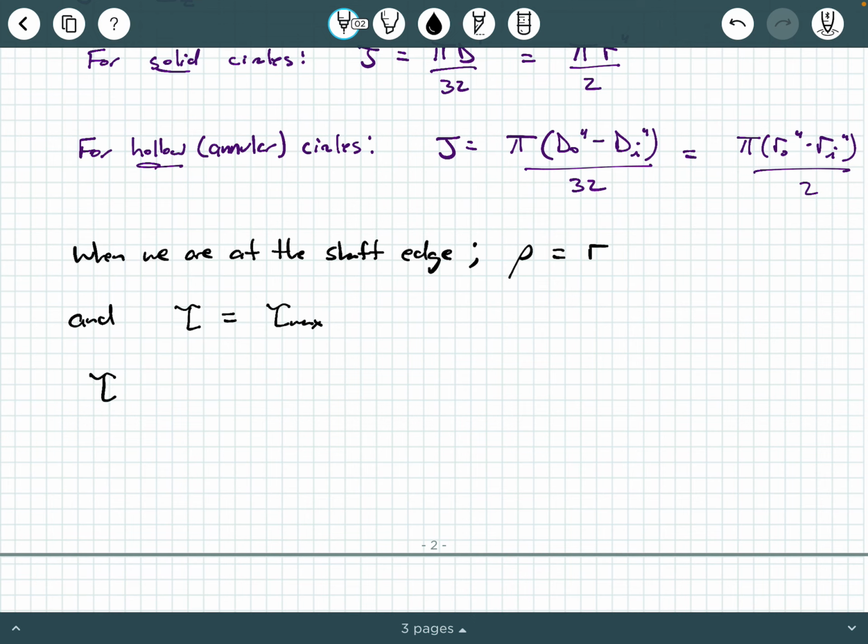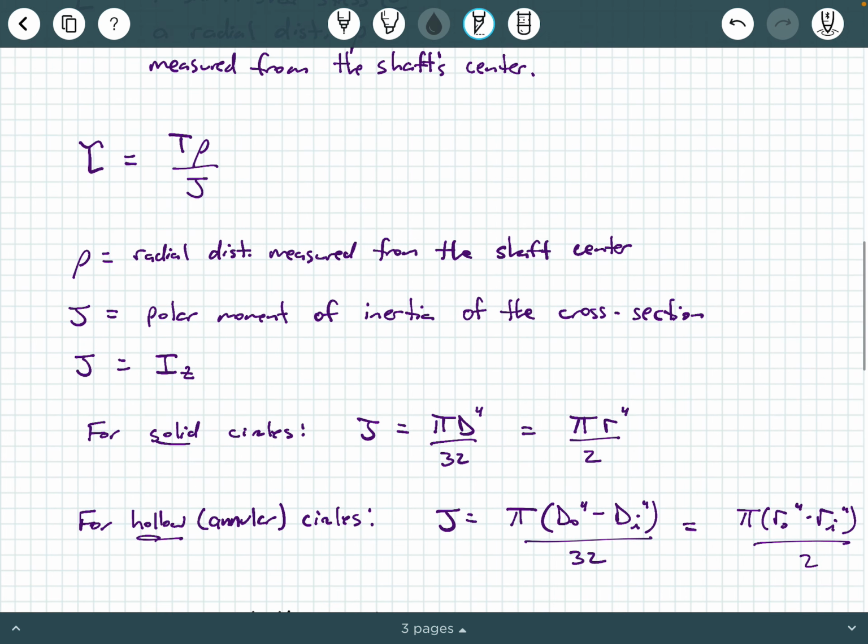And then we're going to say tau max equals, what do you think? Instead of T rho over J, what are we going to have? Well, we'll have T r over J. Okay, and so these are our governing formulas here that you want to definitely make note of. Tau max is T r over J, and an intermediate shear stress value, tau, is equal to T rho over J if you're somewhere in the middle of the cross section, okay?